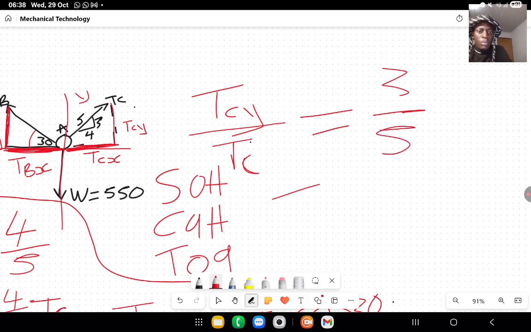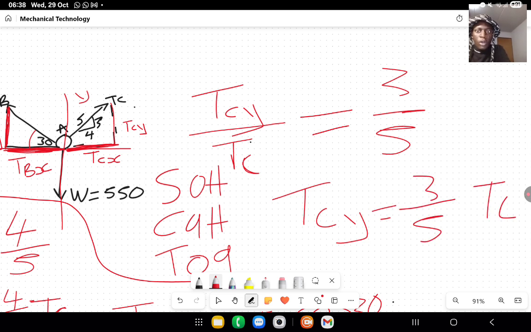That means TCY is equal to 3 over 5 TC. Because we have 3 here and 5 here, and we have TCY, we have the hypotenuse. Therefore, that's why we are going to use this one.